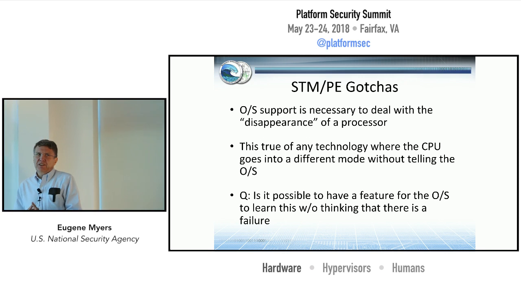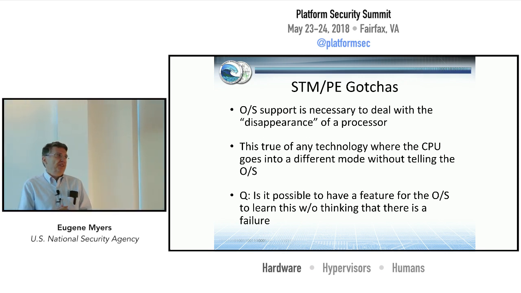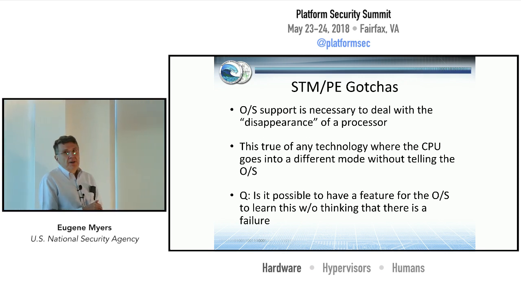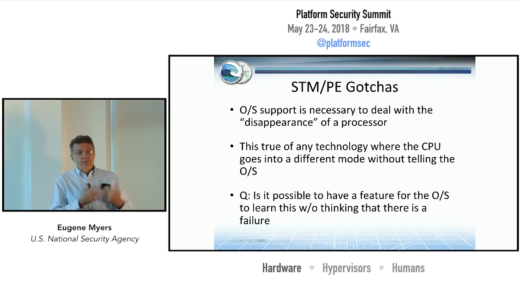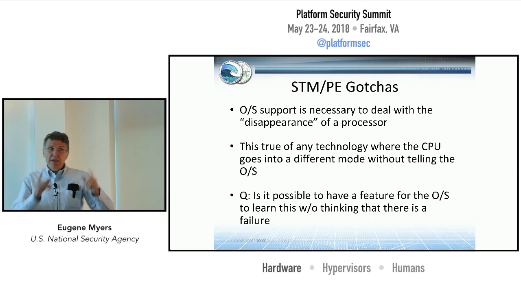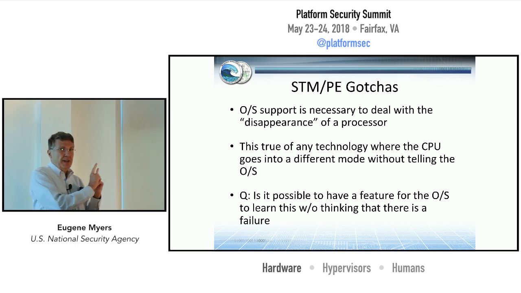Now there are some gotchas here. When I'm running an introspection engine, which I'm going to discuss in a couple of minutes, I usually spend 2 or 3 seconds down there doing the introspection. If you've ever done anything in SMM, you know that's an awfully long time to keep a module in SMM. The nice thing about VT-x technology is I only have to run one processor in system management mode.